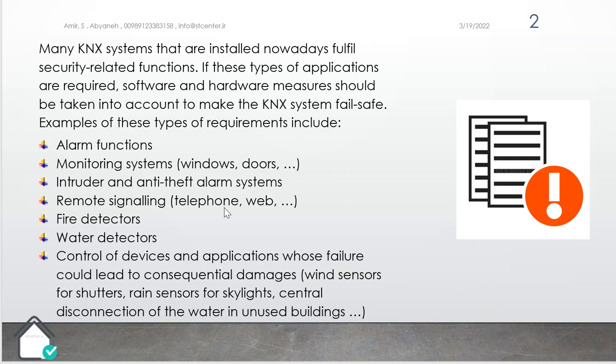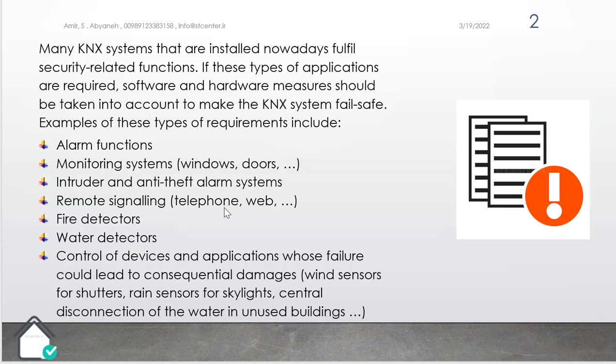So why should we plan in a safe way in KNX? The book says many KNX systems installed nowadays fulfill security and safety related functions. If these types of applications are required, software and hardware measures should be taken into account to make the KNX system fail safe.